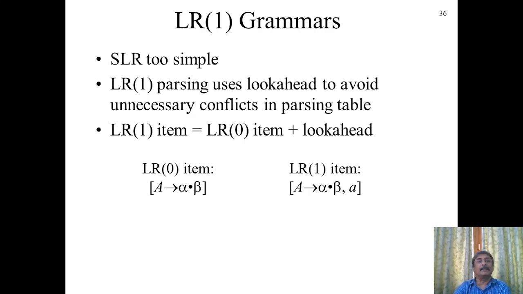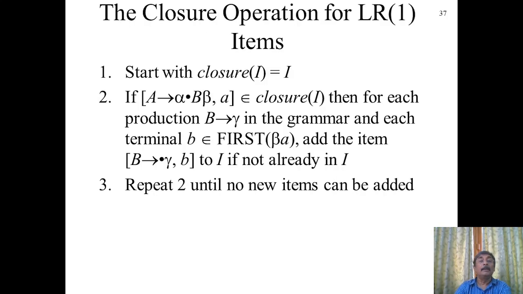So, just summarizing, SLR is too simple. LR1 parsing uses look ahead to avoid unnecessary conflicts. So an LR1 item is equal to an LR0 item plus a look ahead. And this is what the basic closure operation is. We talked about it.